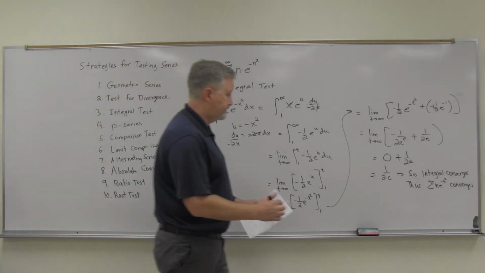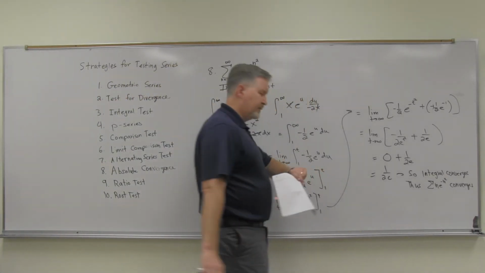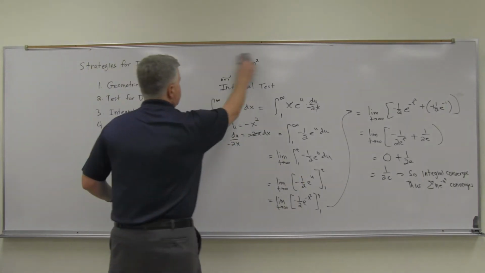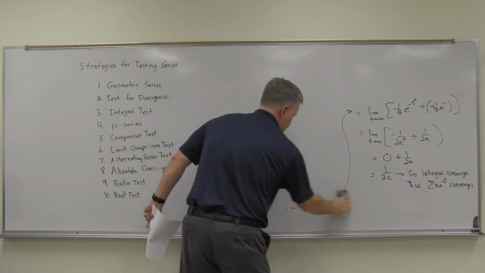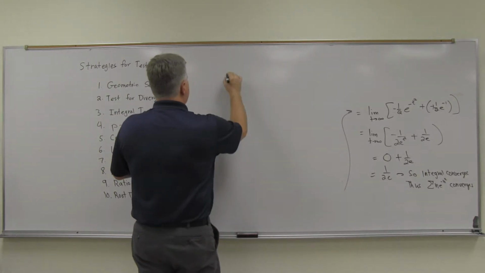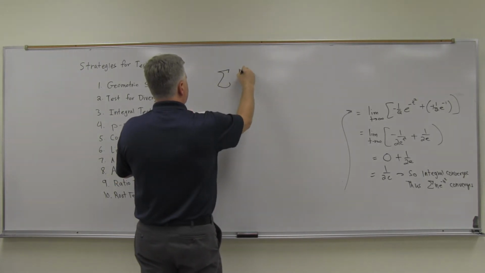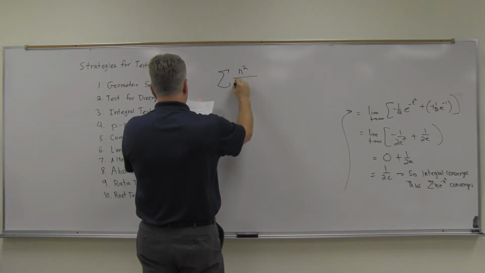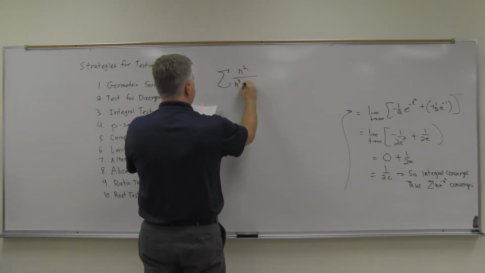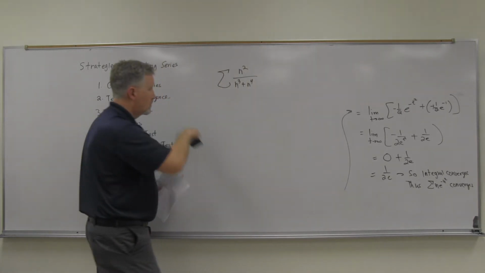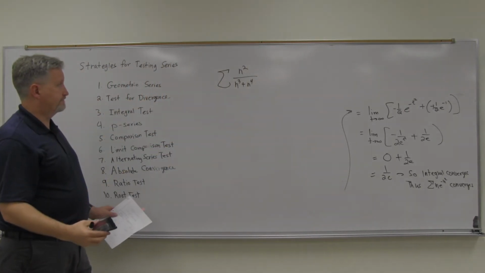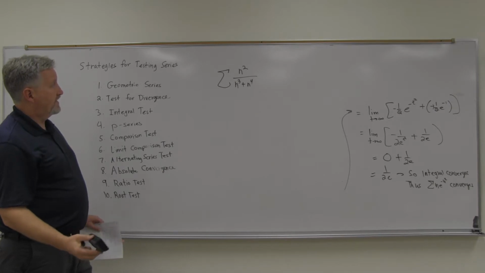All right. Now one other one, and then I'll be done here. The series is n squared over n cubed plus n to the 4th. Does that converge? Well, again, hopefully you're seeing a comparison there.